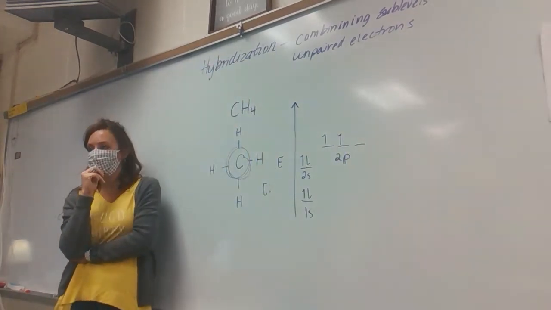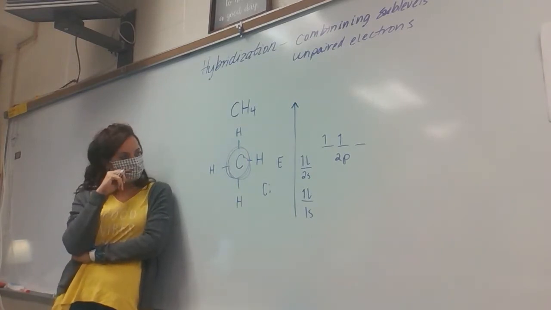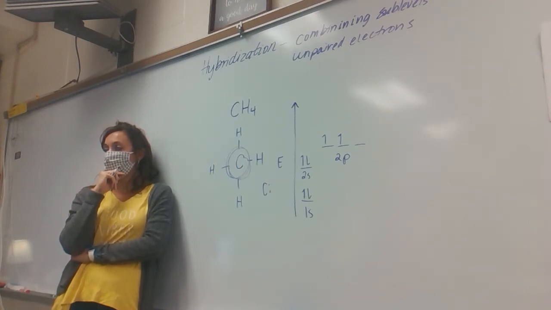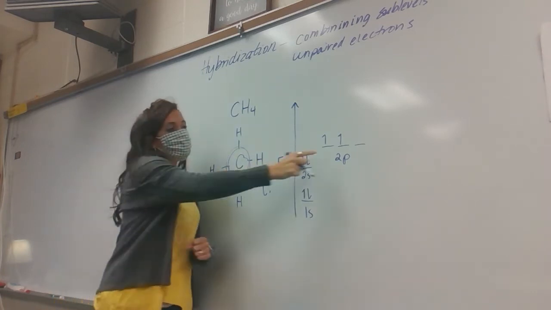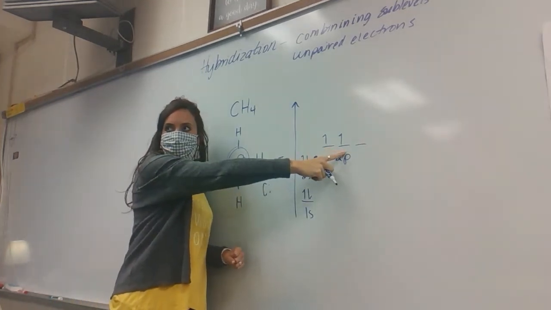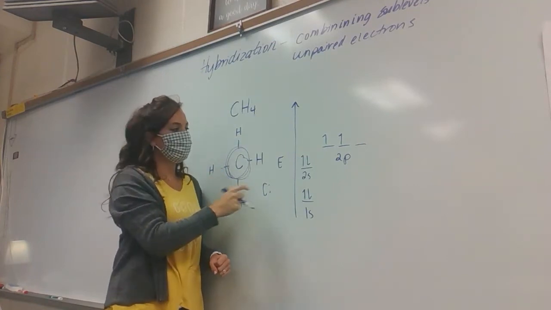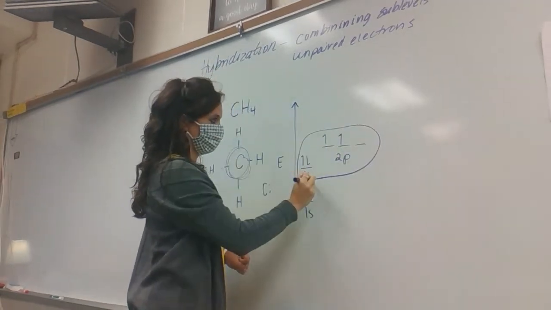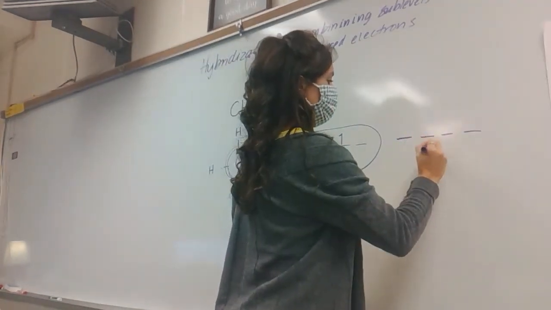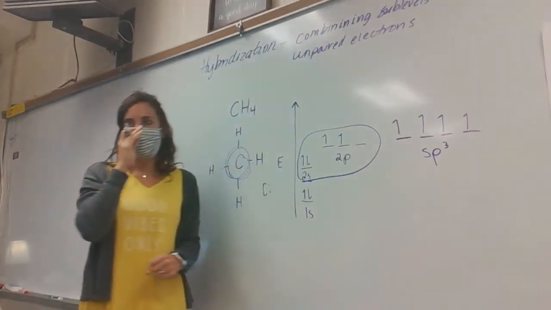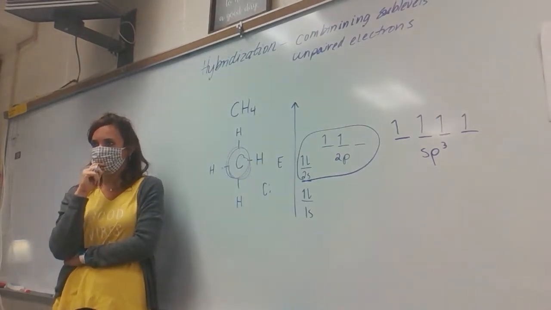It looks like that. And according to that, carbon can only bond twice. But carbon is bonding 4 times. So, we hybridize and make an sp3 sublevel so we can have 4 unpaired electrons.